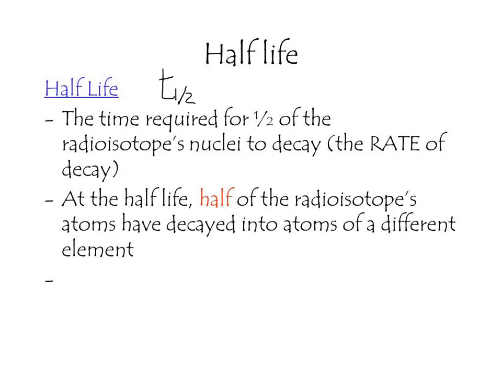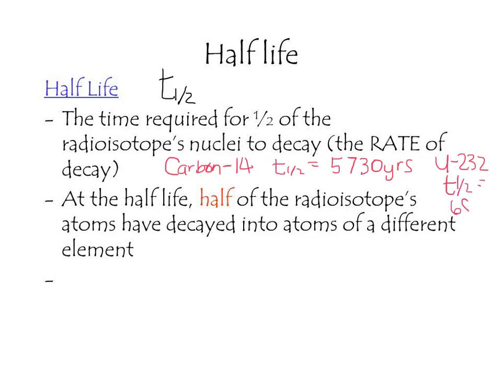For example, carbon-14 has a half-life of 5,730 years. But uranium-232 has a half-life of 68.9 years. There's a difference.